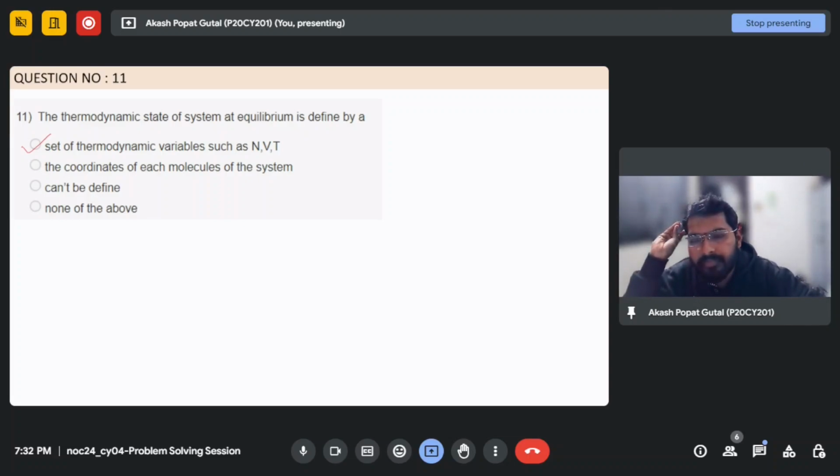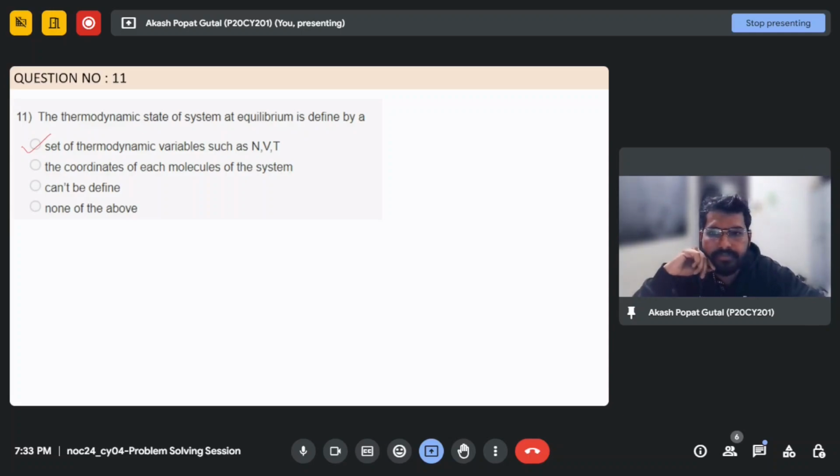Because the coordinates of each molecule of the system, once you give them, it is also sufficient to give you the idea about the state of the system. But we are saying that the set of thermodynamic variables such as NVT can define the equilibrium.